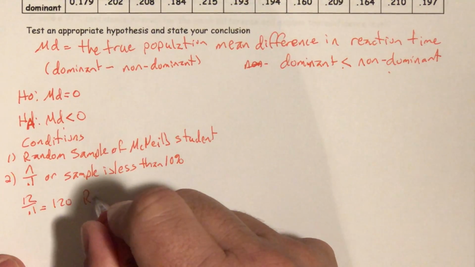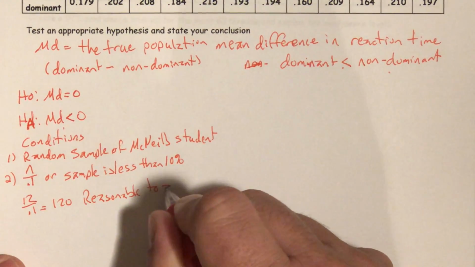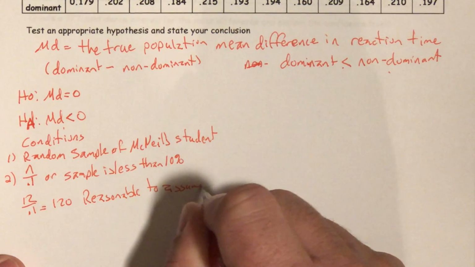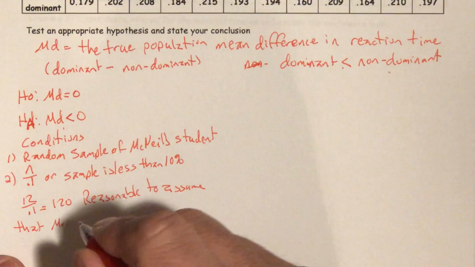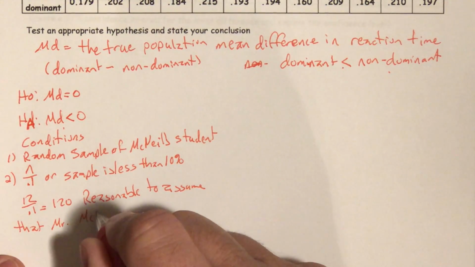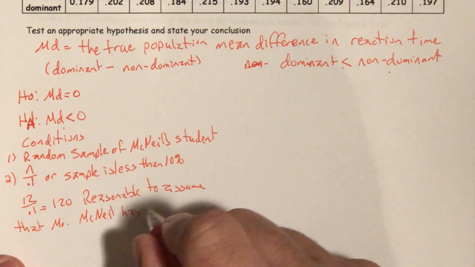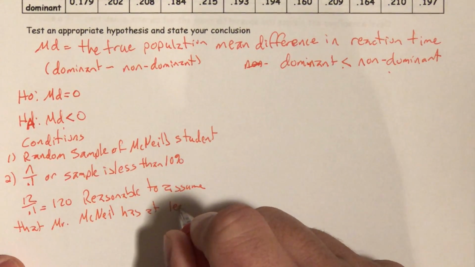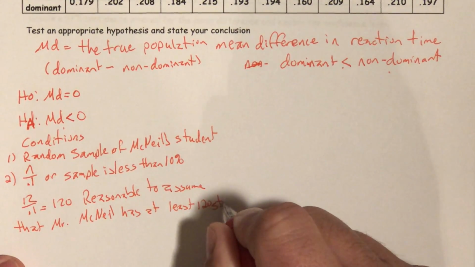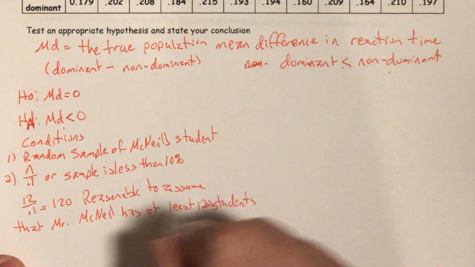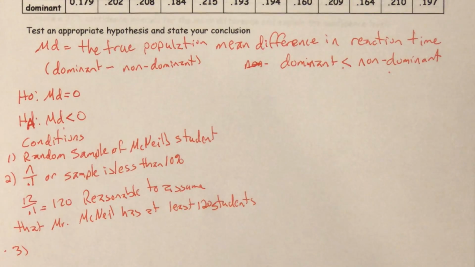And it's reasonable to assume that Mr. McNeil has at least 120 students. He's a good teacher, very popular. Never met the man.